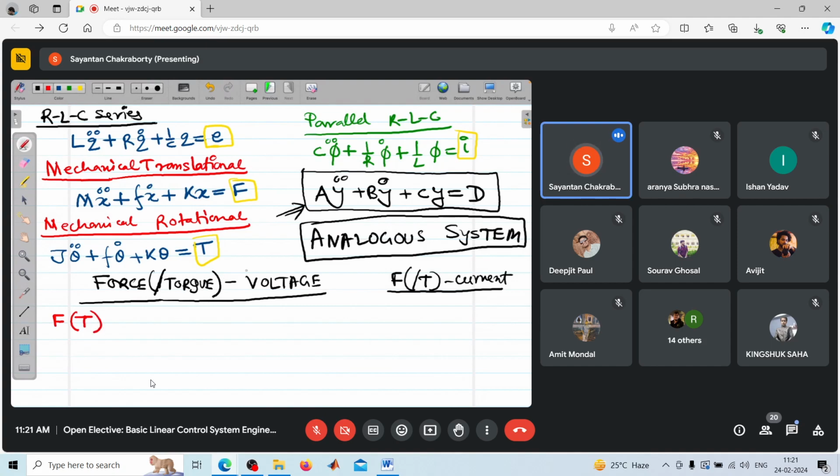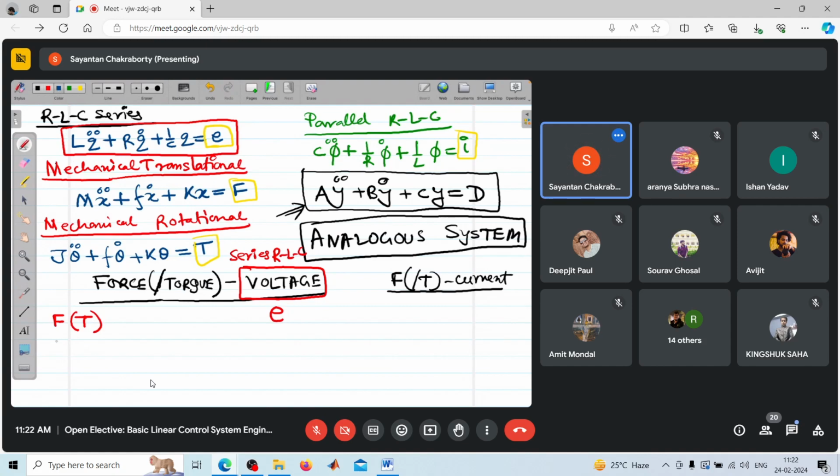Now, for the force voltage analogy, we shall consider a series RLC circuit, that is, this equation. So the force or torque will be represented by potential, right?